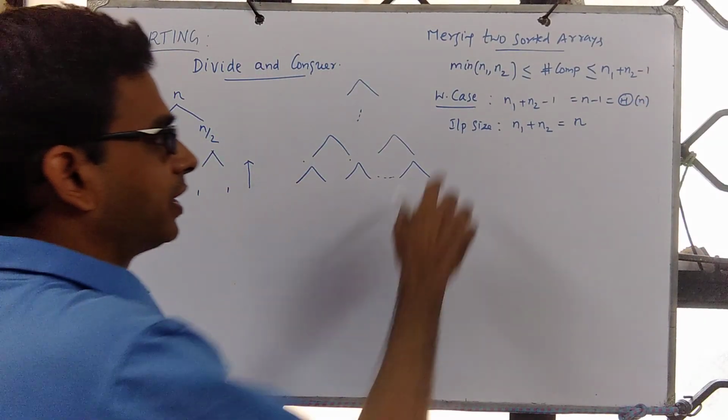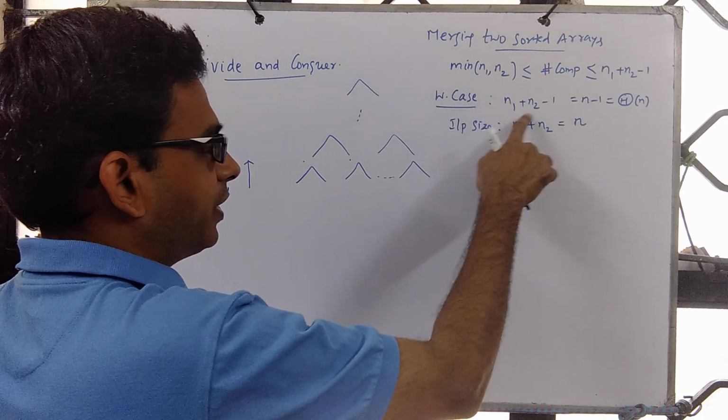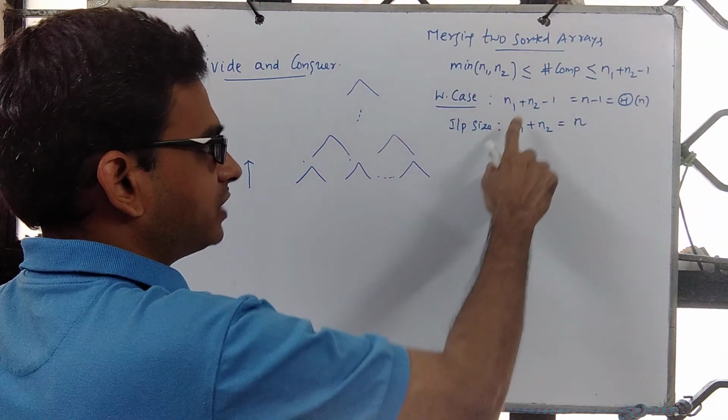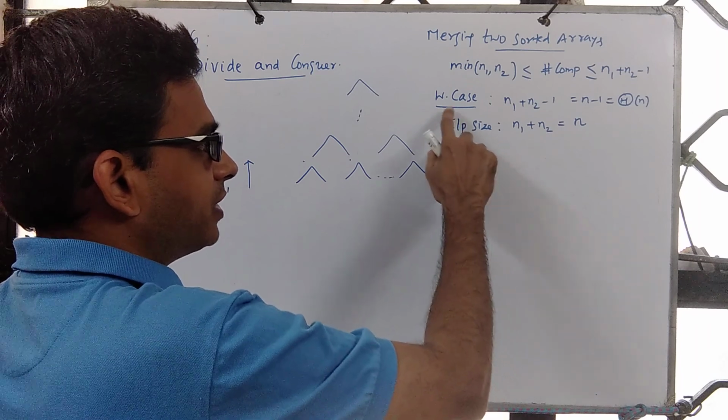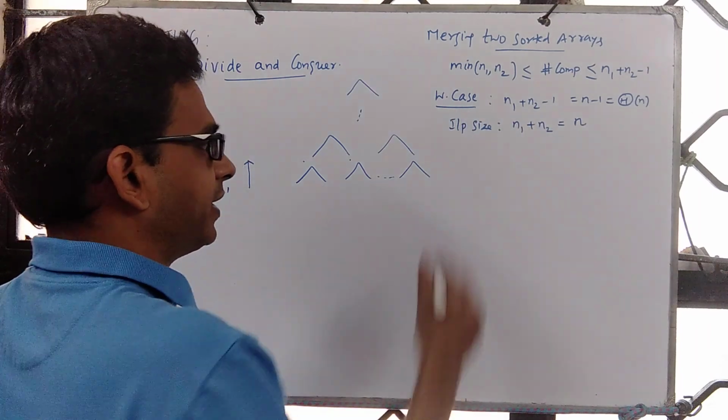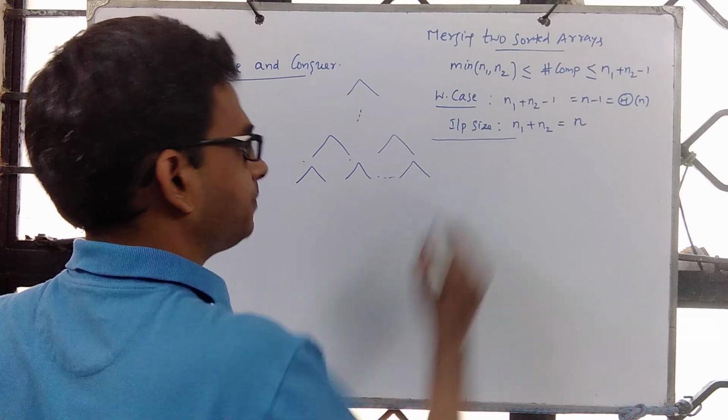So given two sorted arrays of size n1 and n2 whose sum is n, the merging can be done in theta of n time. This is an efficient approach.